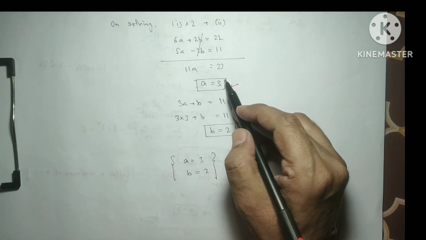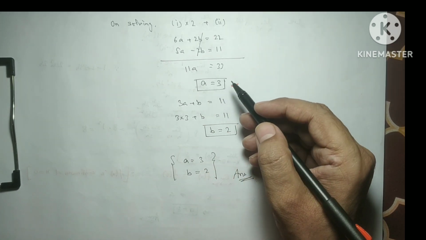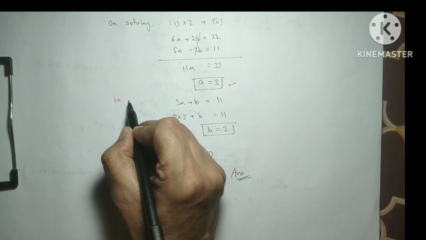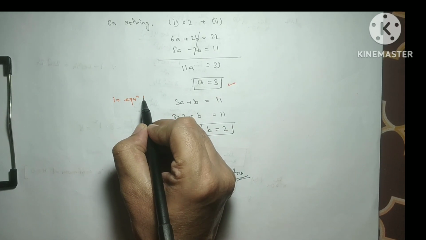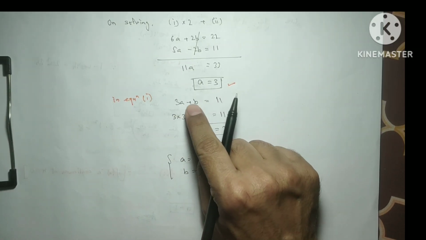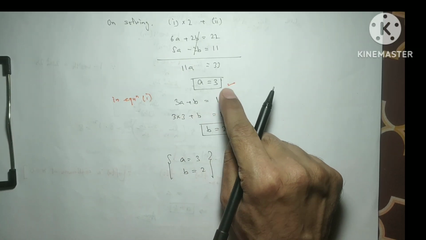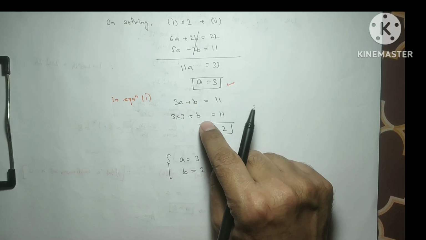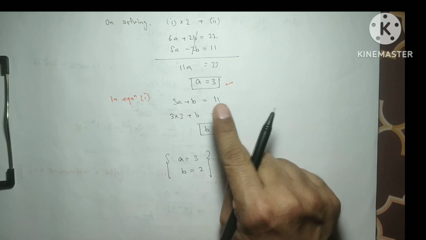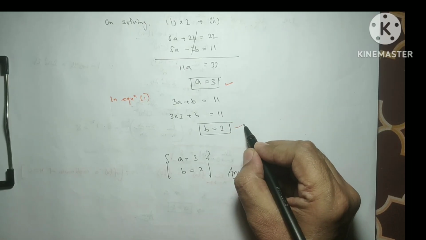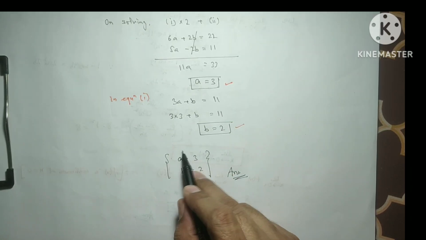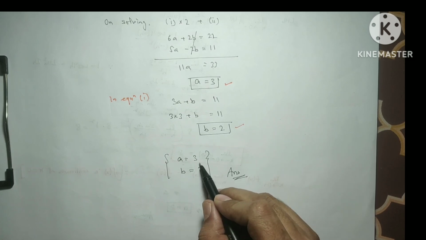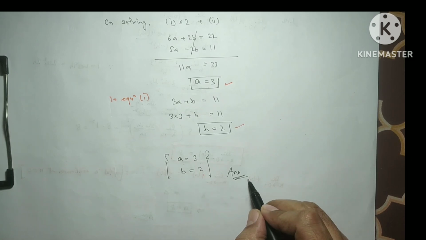We put the value of a in any equation, say the first equation: 3a plus b equals 11. When we put a, it is 3 into 3 plus b equals 11, so b is 11 minus 9, so it is 2. So these are the values of the unknown terms in the expression of the function. So a is 3 and b is 2. This is the answer.